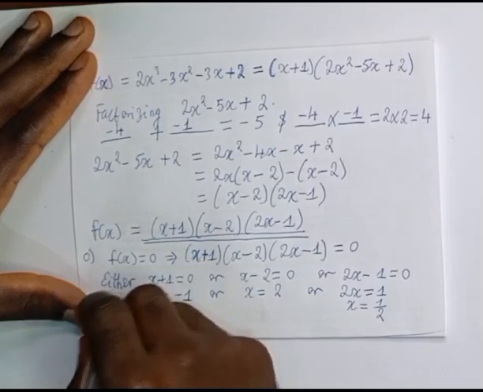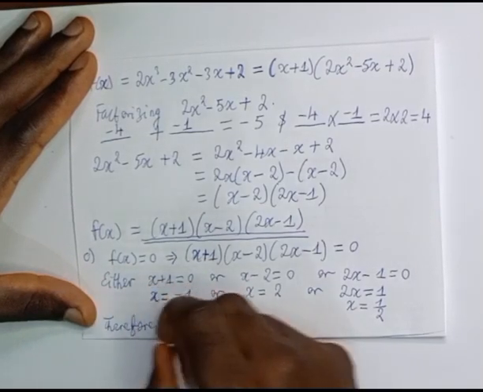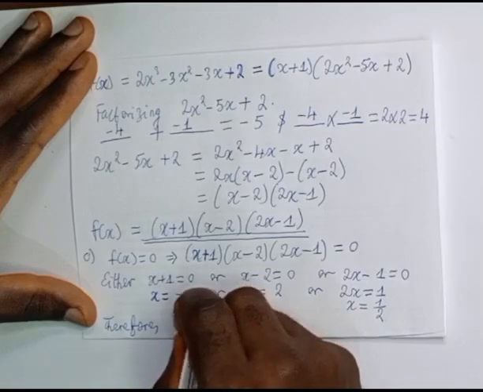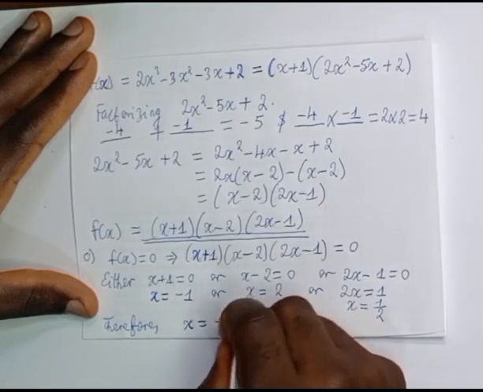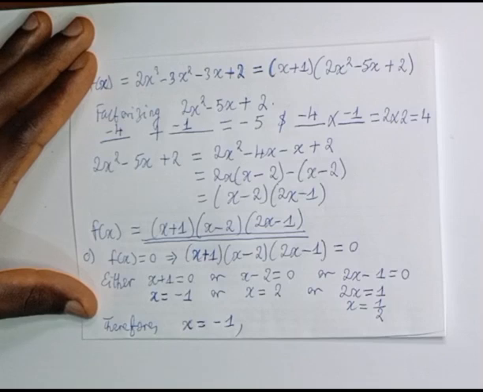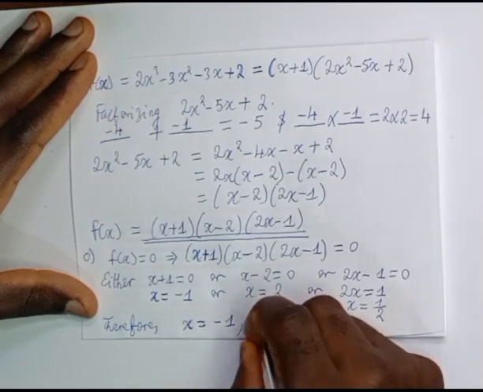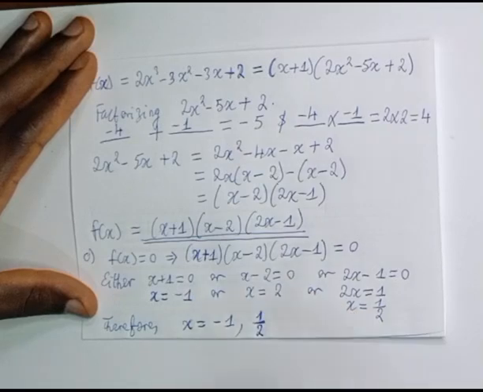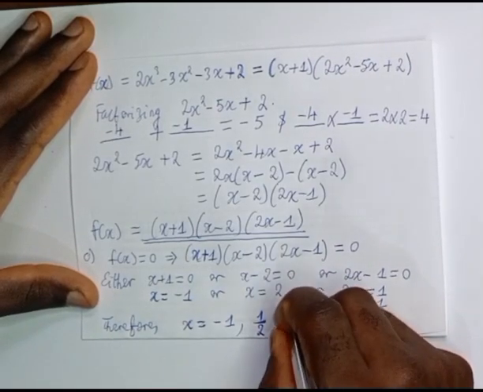Then we conclude, therefore, x will simply be equal to negative 1, a half, 2.